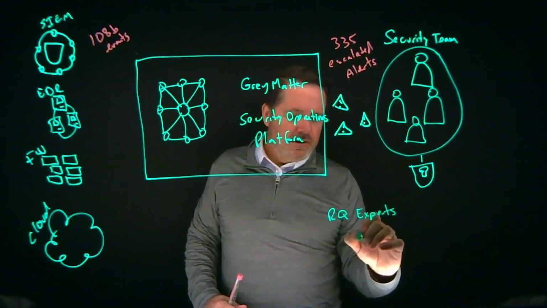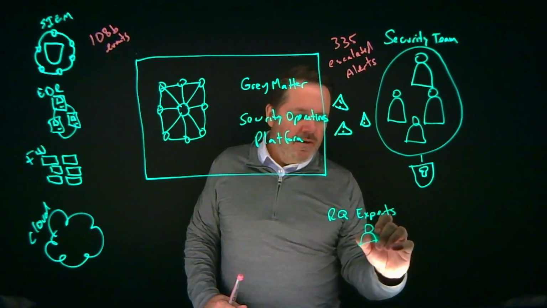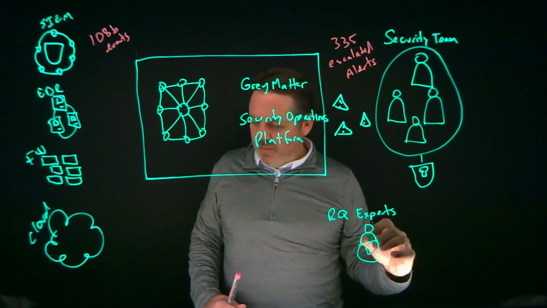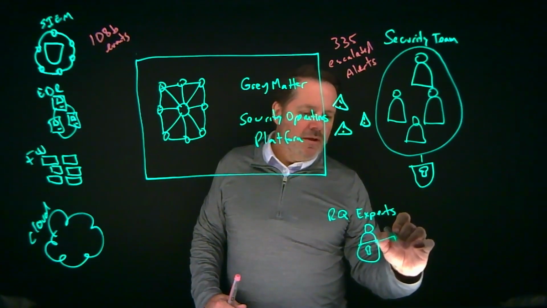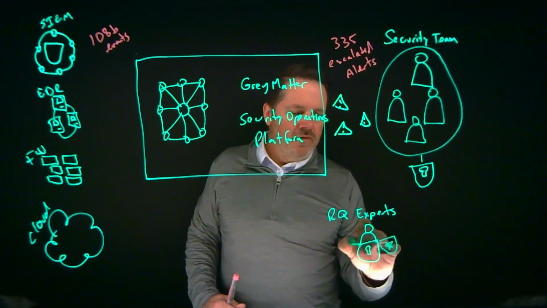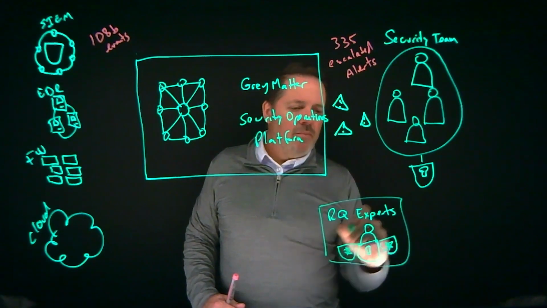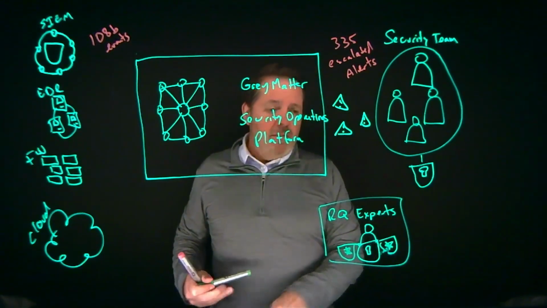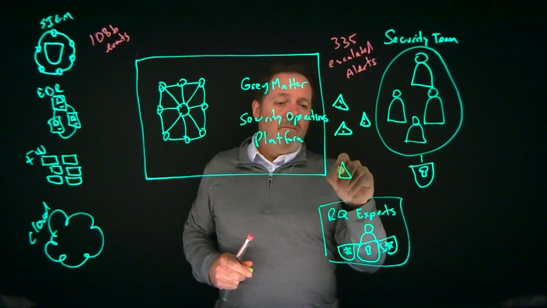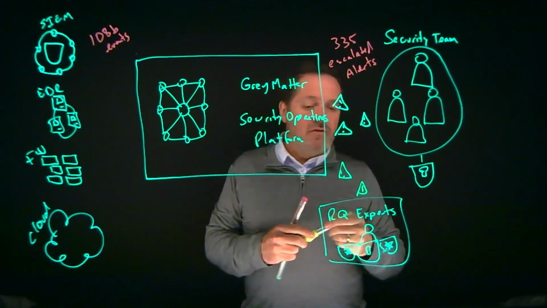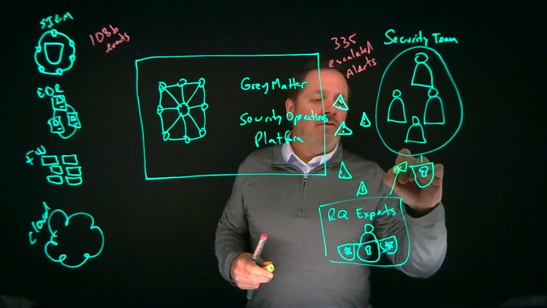And once again, I'll put a person here. That's our security operations team that helps the customer. There could be a few of these people. But these RQ security experts, these alerts may be coming to them as well. So the 335 alerts come to the RQ security experts, and then they go back to the security operations team on the customer side.